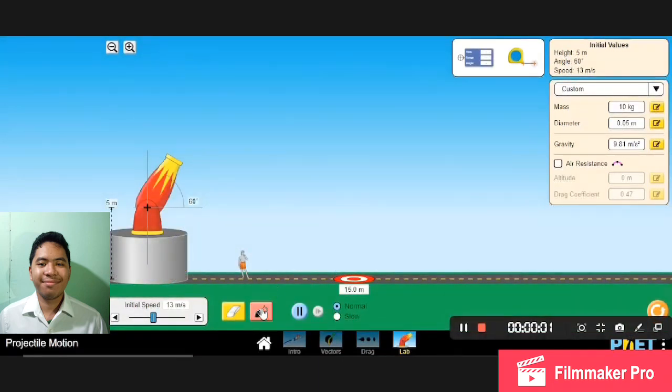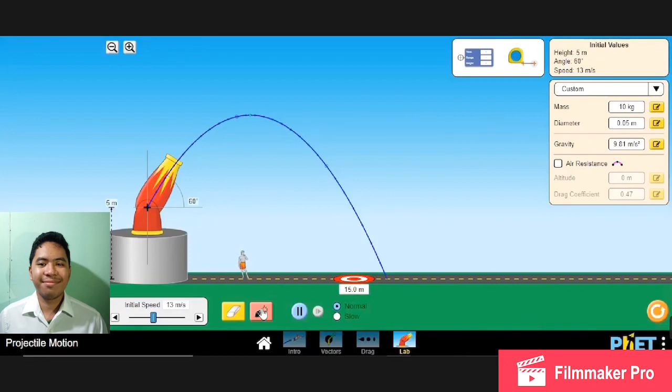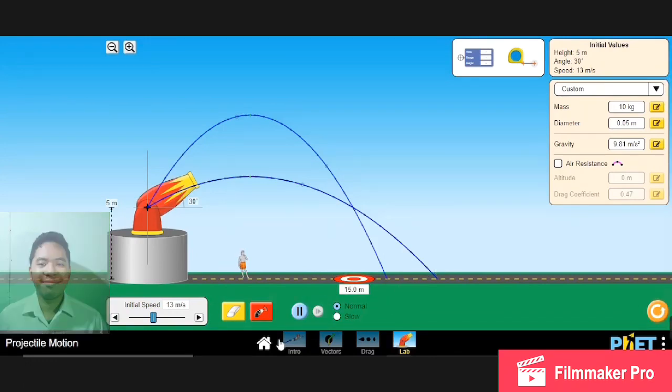And if the cannon is placed in a higher place, like a 5-meter platform, shooting the object at 60 and 30 degrees, still with the same force, it will result in a different range from one another.